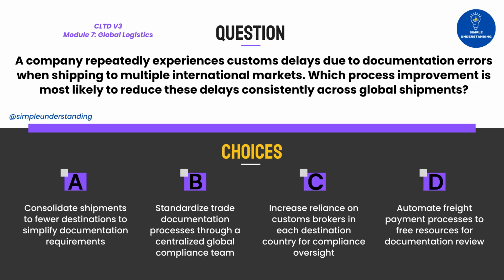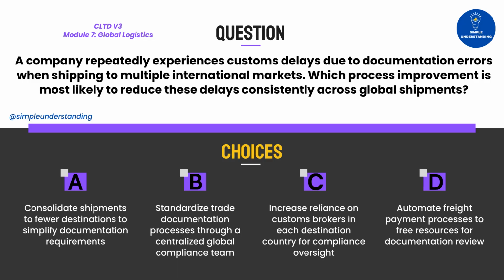Question 3. A company repeatedly experiences customs delays due to documentation errors when shipping to multiple international markets. Which process improvement is most likely to reduce these delays consistently across global shipments? A. Consolidate shipments to fewer destinations to simplify documentation requirements.